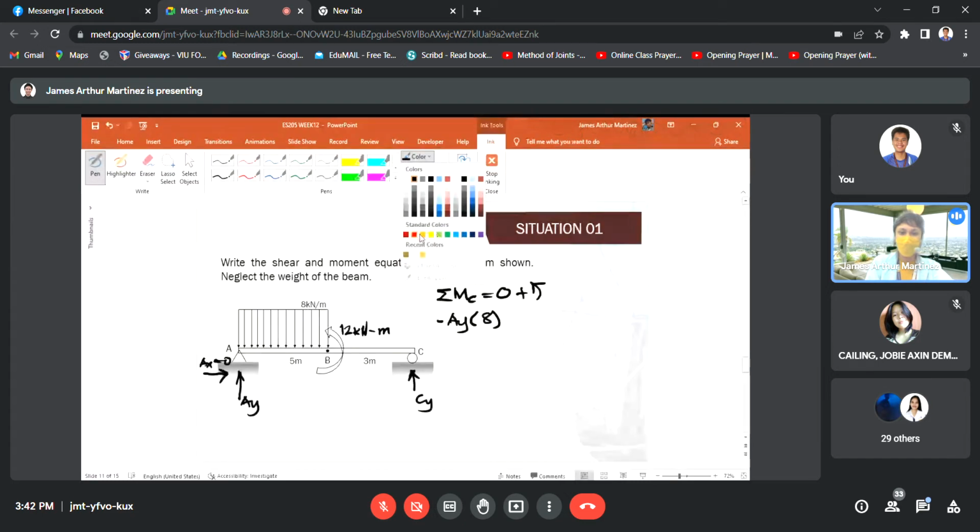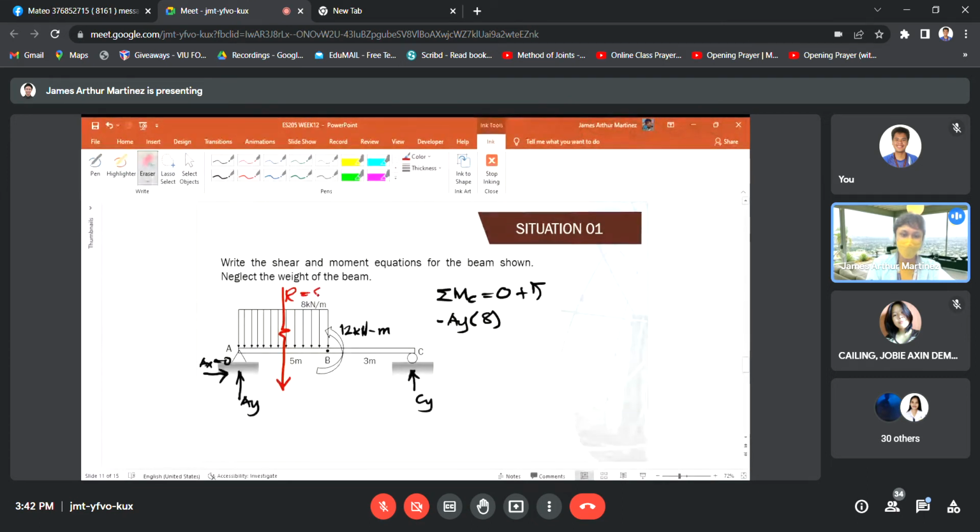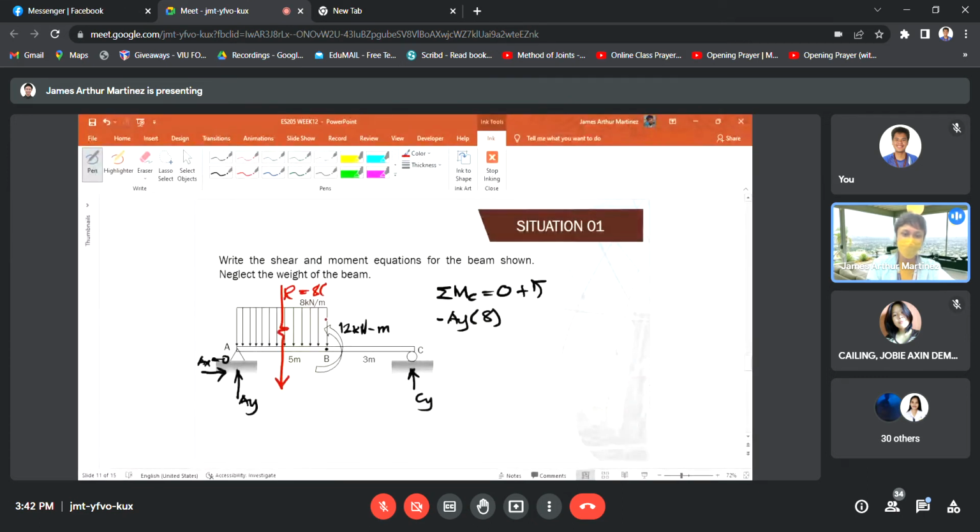First, let us convert the distributed load into a concentrated load, or the point load. What is now the magnitude of our distributed load? It's just 8, the magnitude of your distributed load, times the span where it acts, which is 5 meters.